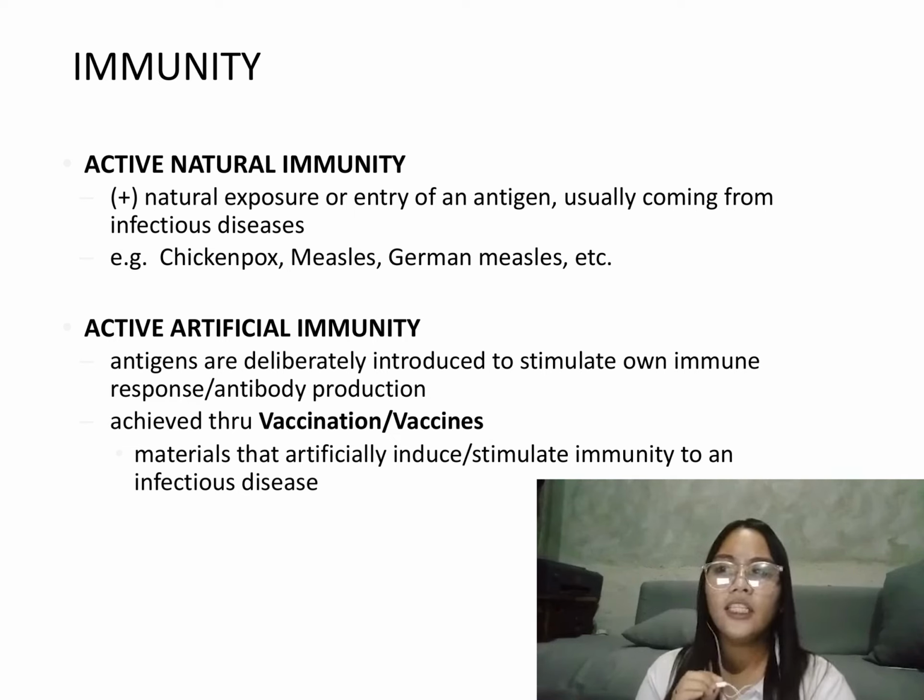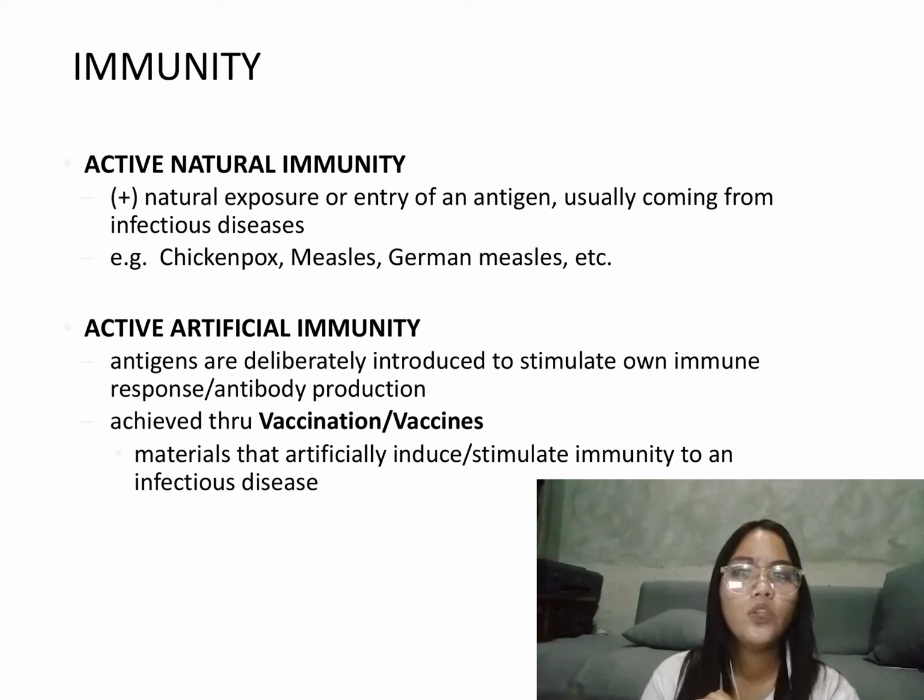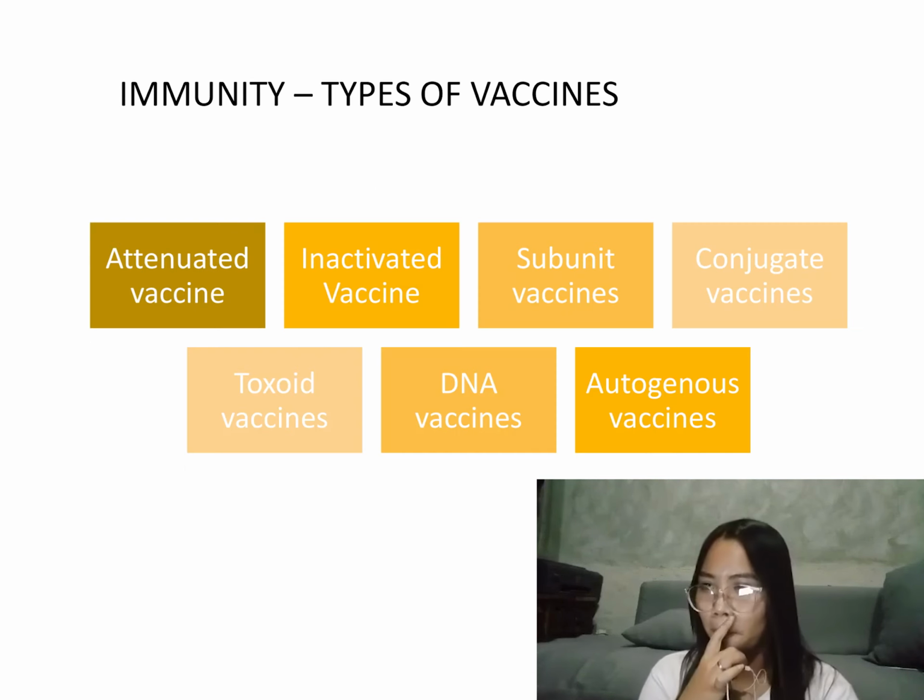Active artificial immunity, antigens are deliberately introduced to stimulate one's own immune response or antibody production, achieved through vaccinations. Vaccines are materials that artificially induce or stimulate immunity to an infectious disease.